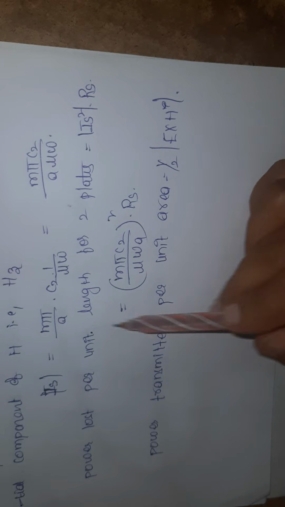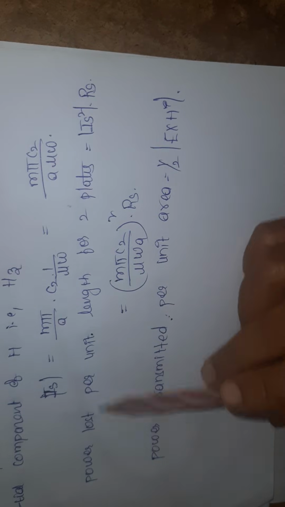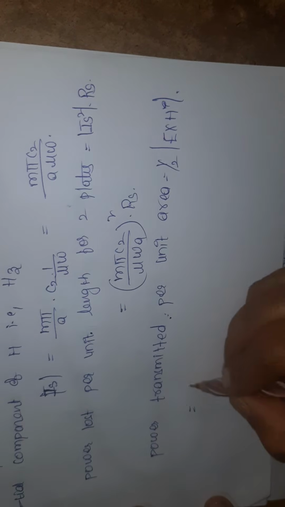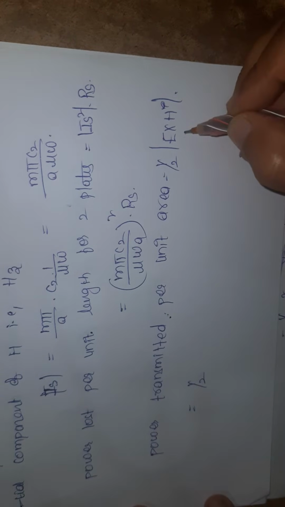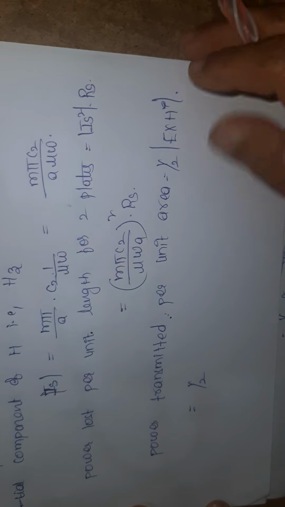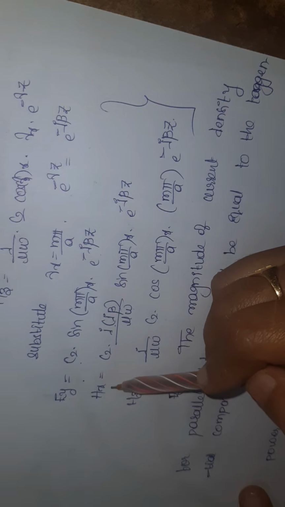I am calculating these two individually, first power lost, next power transmitted. So here half into the magnitude of E and the magnitude of H, Ex Hy. But here I am having not Ex, I am having Ey Hx.